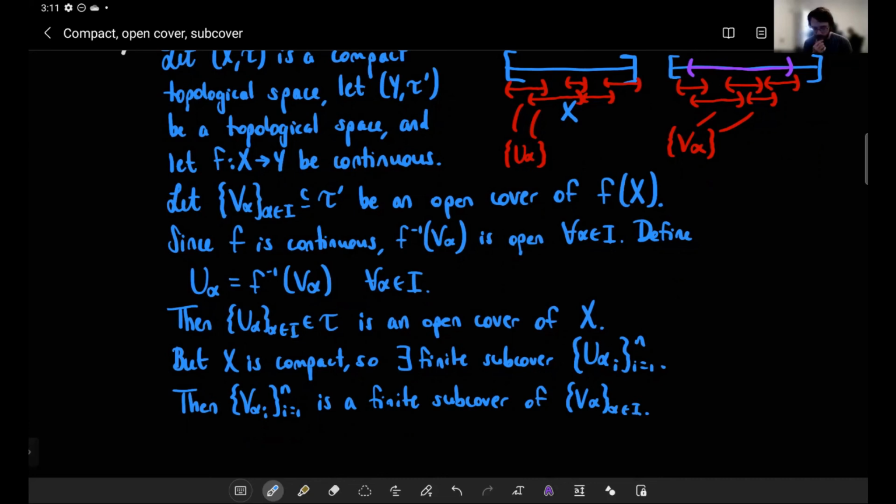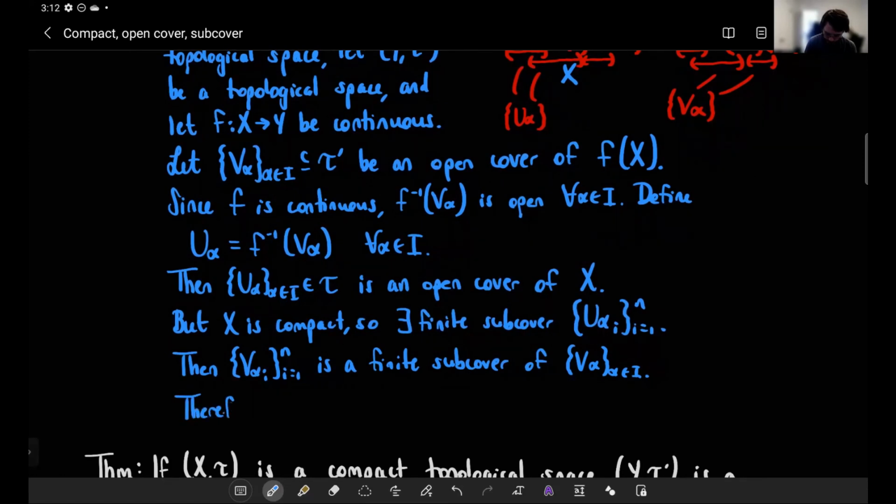You should sit down and verify, okay, it's certainly finite, right? It goes from 1 to n, there's nothing to prove there. This is certainly a sub collection of this, so nothing to prove there. But proving it's a cover, again, takes a little bit of set theory knowledge, but not terribly much. It comes directly from the fact that we had a finite subcover here. So sit down and prove that if you like.